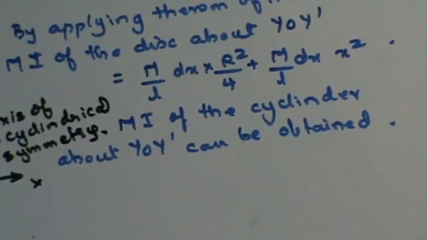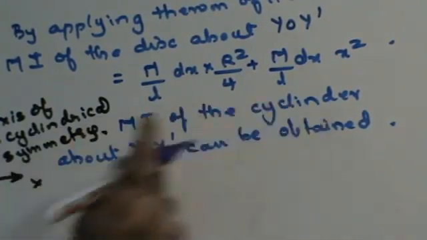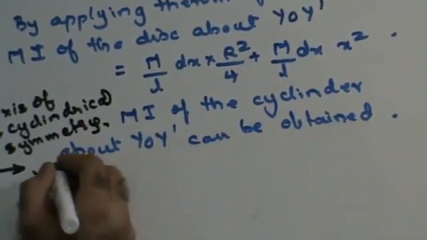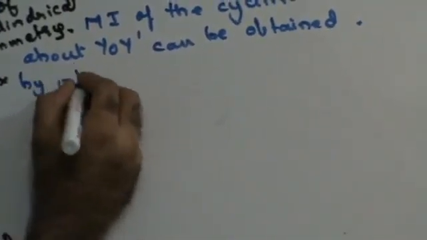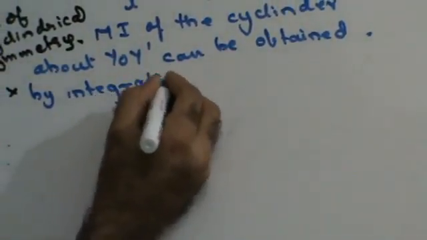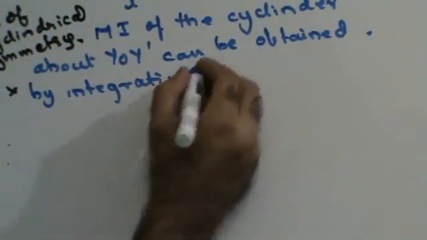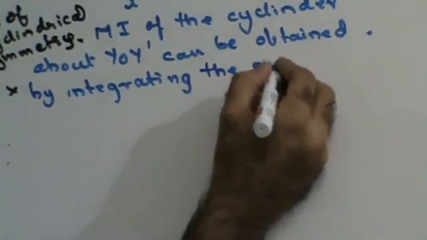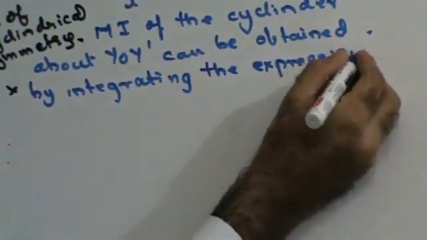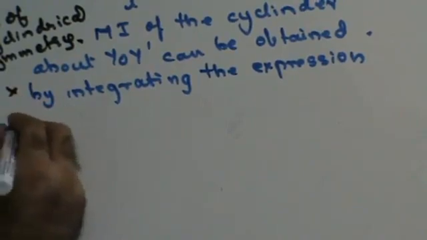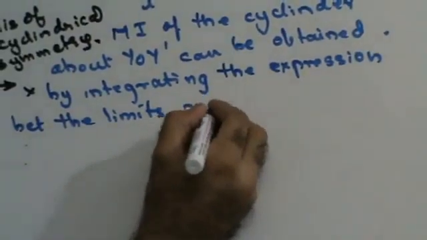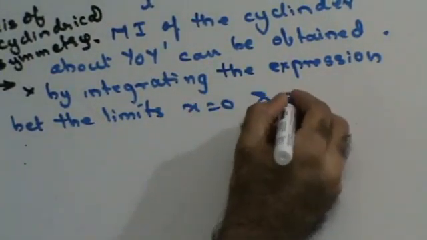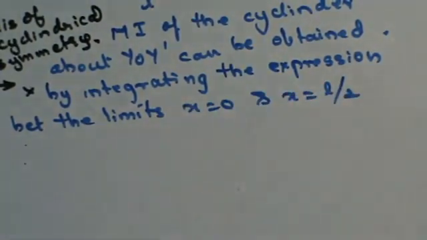So if I integrate the moment of inertia of the disc, I'll get the moment of inertia of the cylinder. So I can say moment of inertia of the cylinder about YO Y bar can be obtained by integrating the expression between the limits x is equal to 0 and x is equal to L by 2.